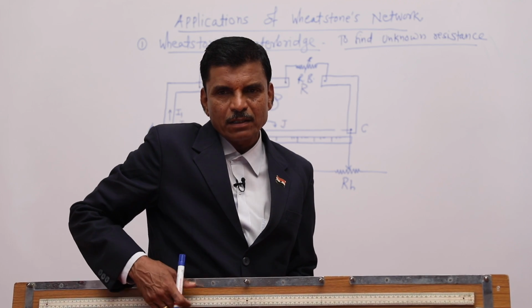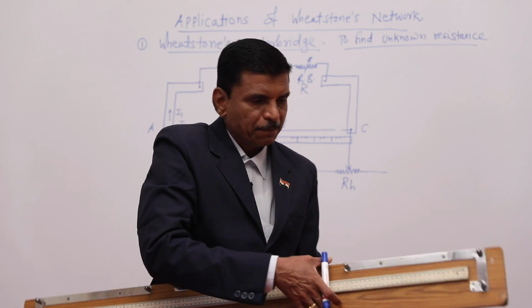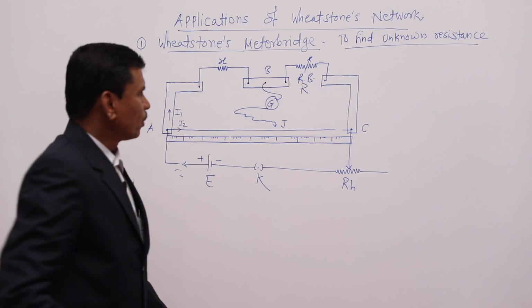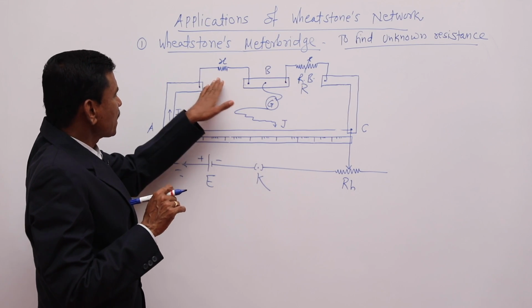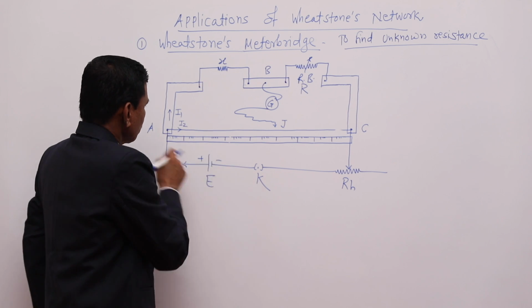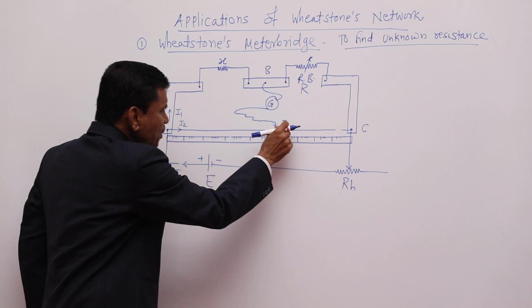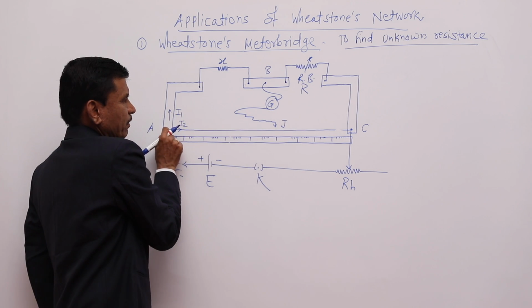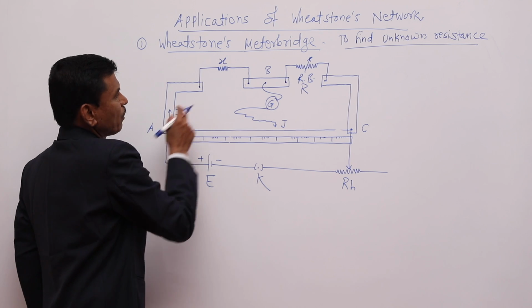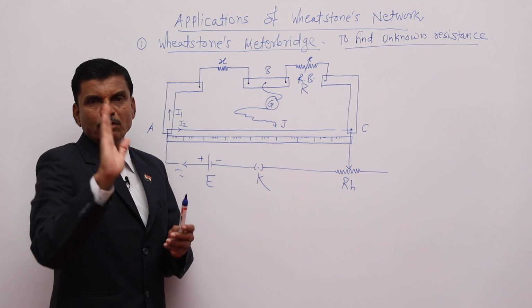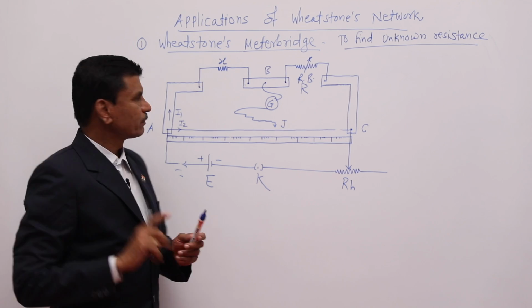Here is the wire, this. What is the name of the wire? A to C. See, we have drawn a suitable resistance R and we have to find resistance X. For that purpose we have passed the current. Now take the jockey J and touch it to point A. As we touch the jockey to point A, there will be current in the galvanometer and the galvanometer will show full deflection to one side.